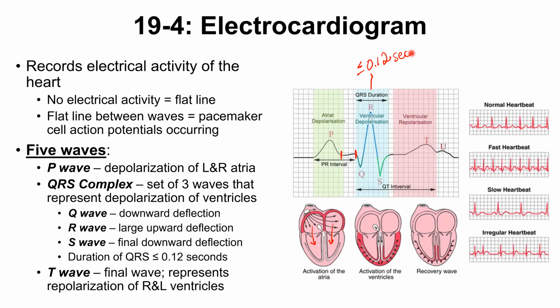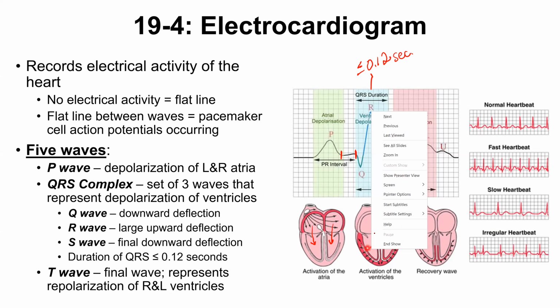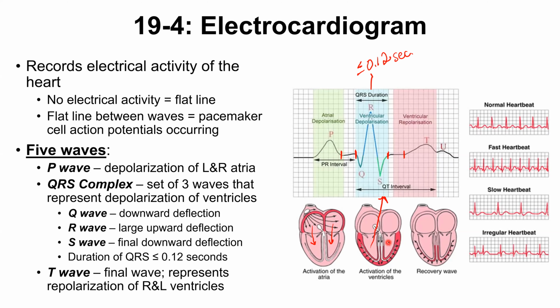Now, as we can see, just like after the P wave or after the activation of the atria, we also have another flat line between there and there, right? This is going to represent when the ventricles are actually contracting and sending blood out the aorta or the pulmonary trunk.